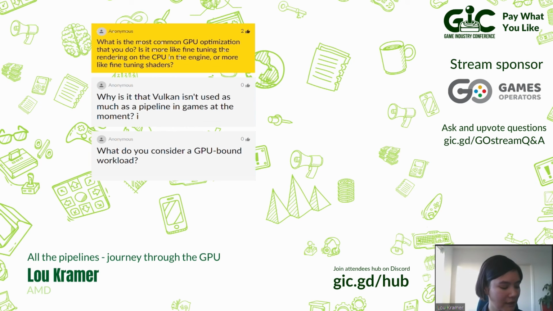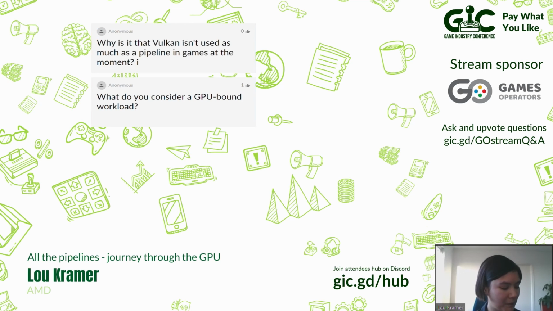Why is it that Vulkan isn't used as much as pipeline in games at the moment? I think you mean, why is it that Vulkan isn't used as much as DirectX 12 in games at the moment? Because otherwise it doesn't really make sense. I can only guess, but usually the choice of graphics API is based on a lot of things.